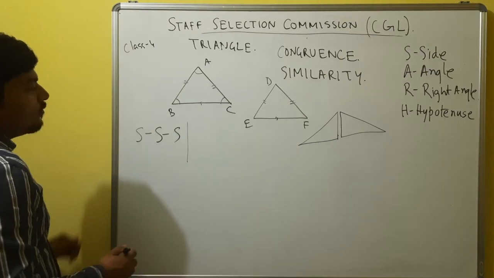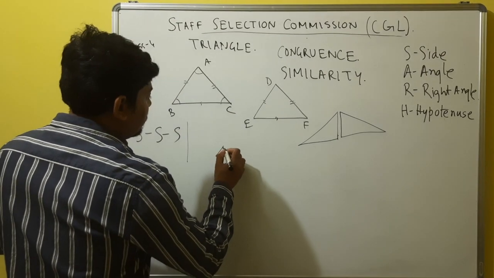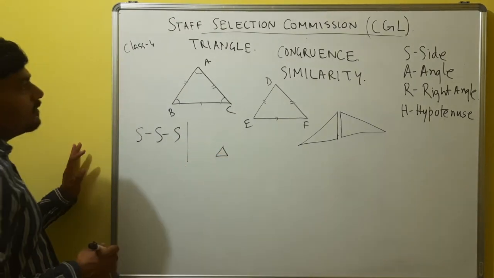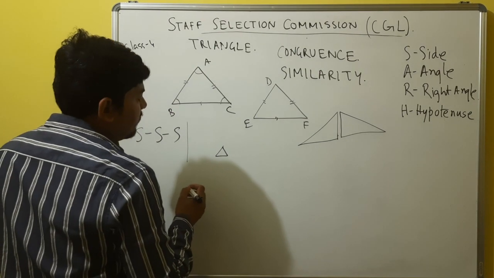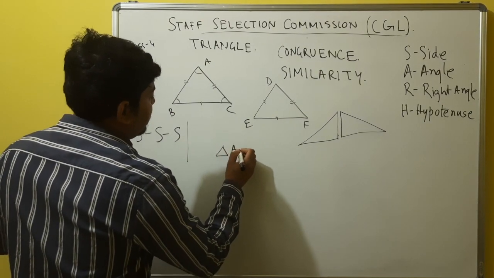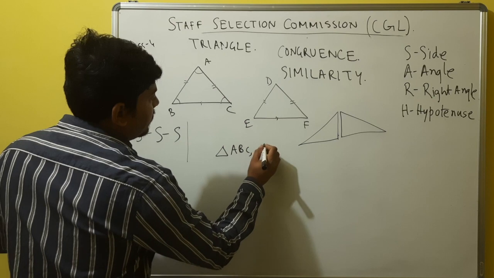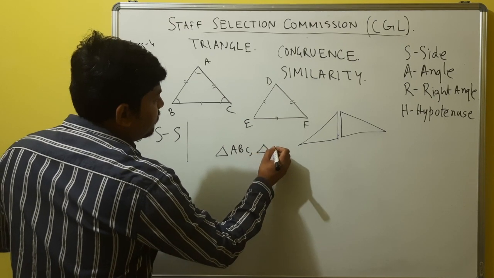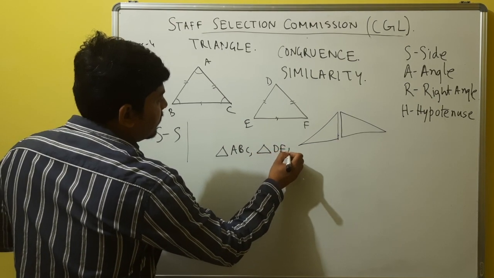And how is congruence written? We already know how angles are written, right? Triangles are written this way: a triangle symbol and ABC, and DEF.